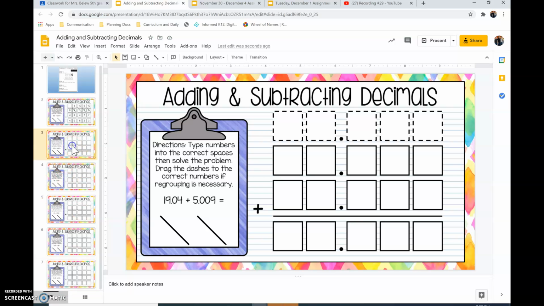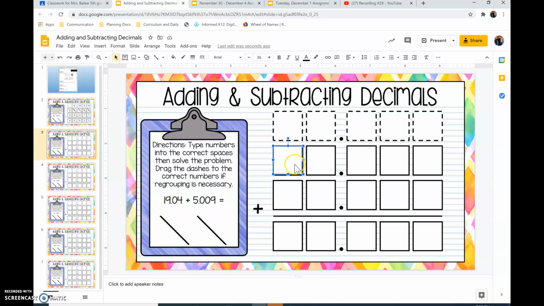Okay? Pay attention to whether or not it is addition or subtraction. I'll go ahead and model an addition now. Okay, so now I'm going to model the addition. So again, I have to type it in.